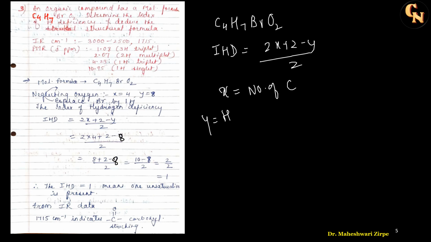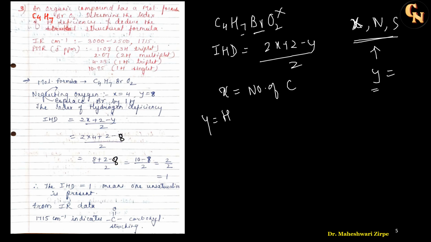But here, the number of hydrogens is 7 and one bromine is there. So we always neglect oxygen. Oxygen we don't consider, but if apart from oxygen there are other atoms like halogens, nitrogen, or sulfur, then we have to add them in the y value. Any atom other than oxygen, we have to add in the y value.